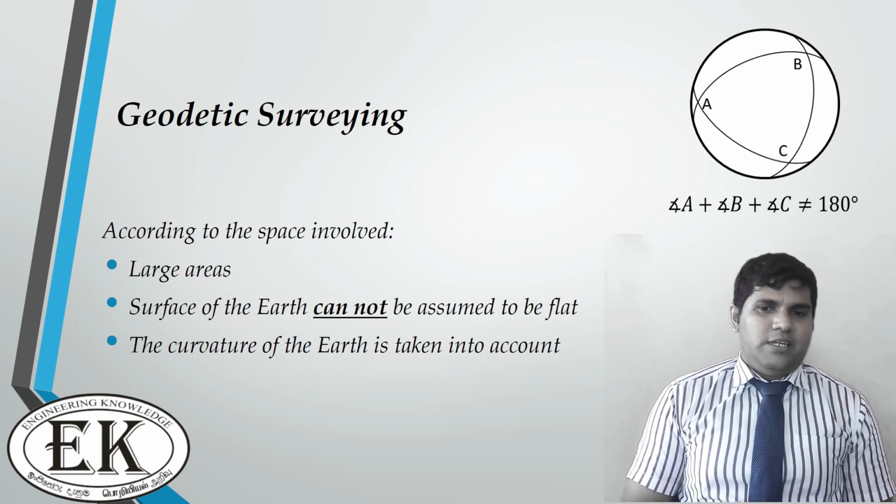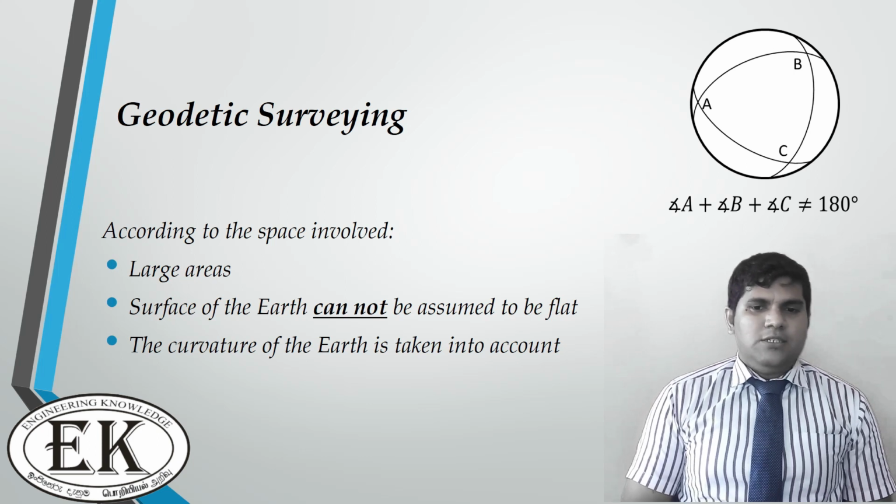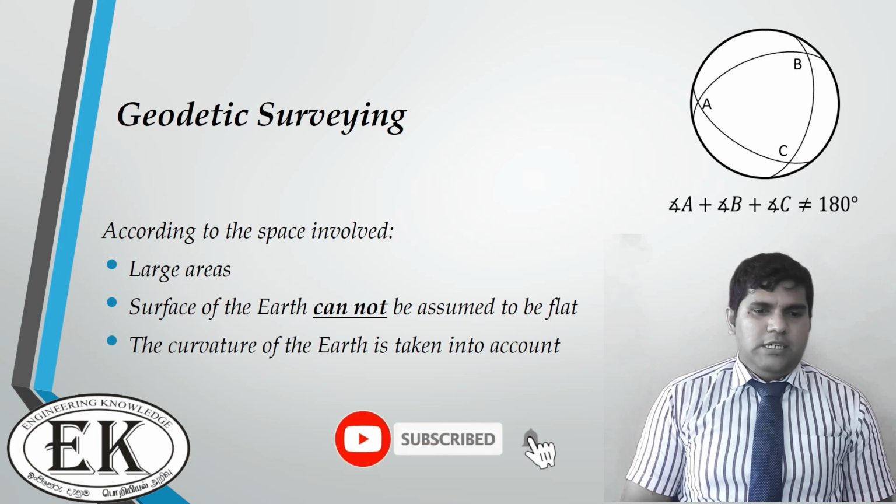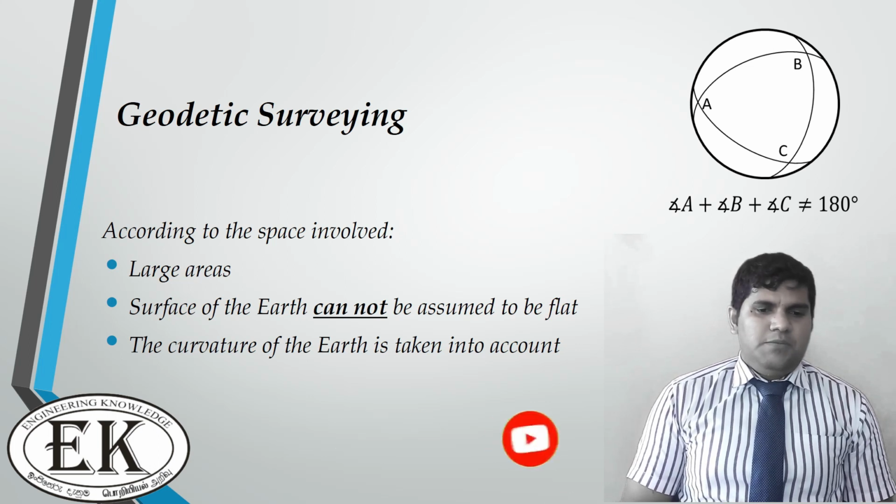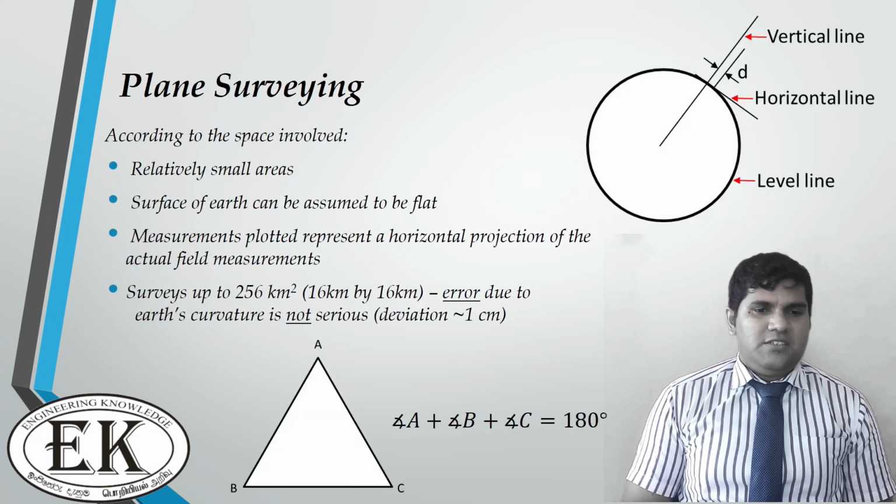That's a realistic structure. If you add the 3 angles, angle A plus B plus C, it is not equal to 180, because it is not flat. Third, the curvature of the earth is taken into account under geodetic surveying.